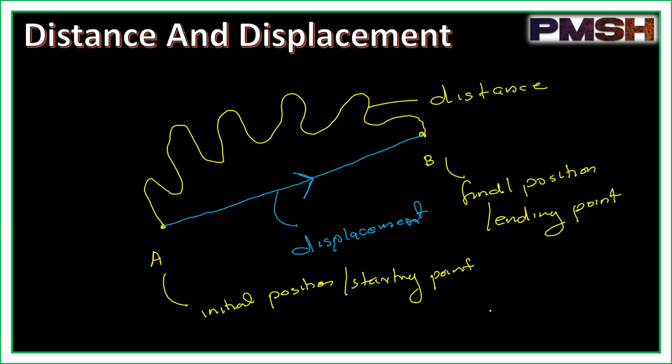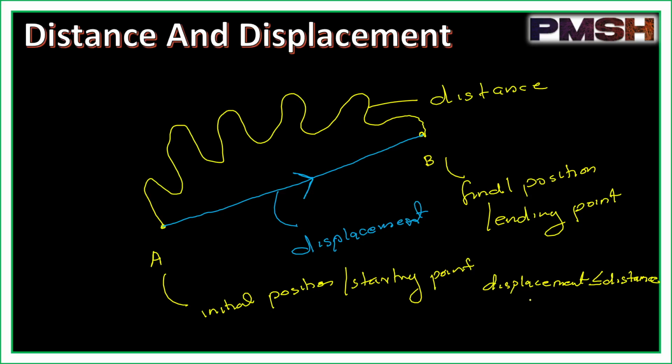So displacement can take negative values. That means displacement will be less than or equal to distance. Isn't it? I hope it is clear. Displacement will be less than or equal to distance because displacement can be a negative value, whereas distance cannot be negative.